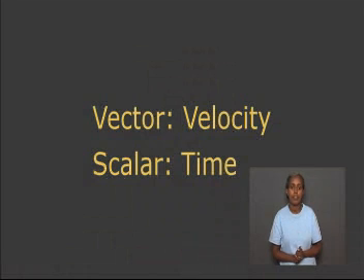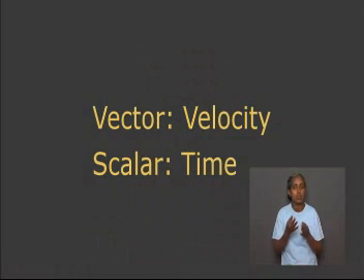Good work. Now that we have been reminded of the natures of vectors and scalars, do you remember the different quantities that they can be used to express? For example, a vector can be used to express velocity, whereas a scalar can be used to express time.